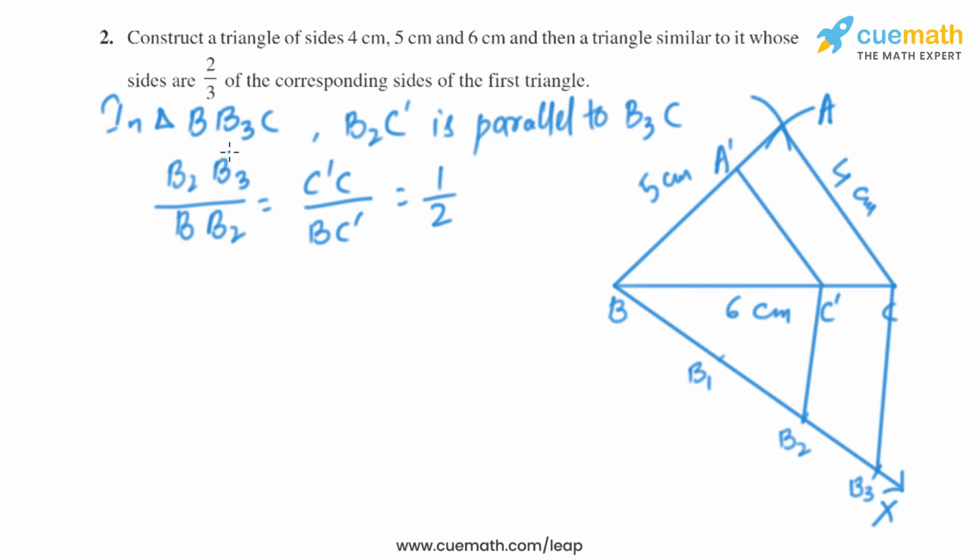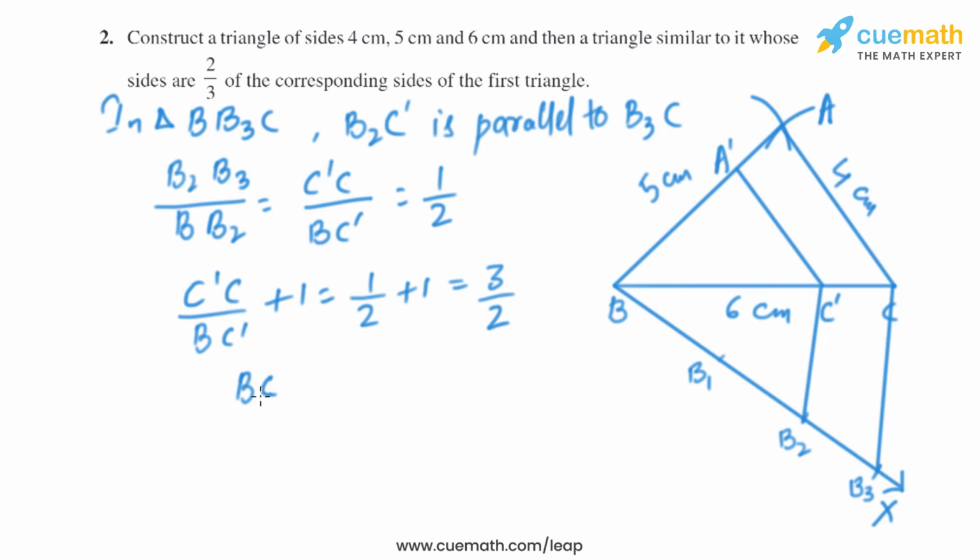Now let's prove this construction. In triangle BB3C, B2C' is parallel to B3C and from basic proportionality theorem we will get B2B3 divided by B2B equals CC' divided by BC' equal 1 by 2. Now we need to add 1 to both the sides.